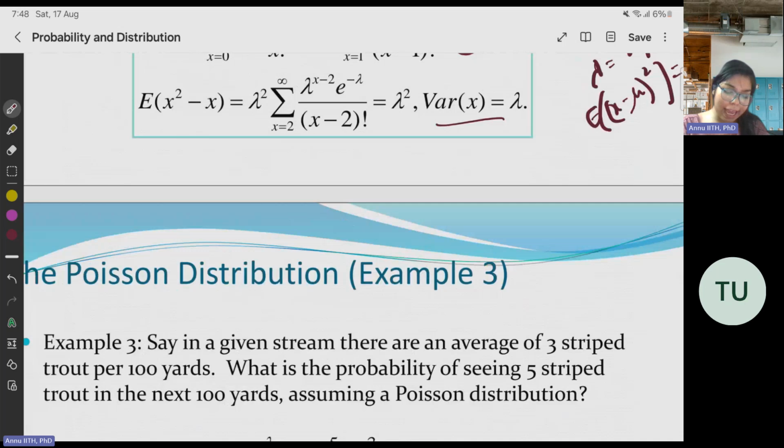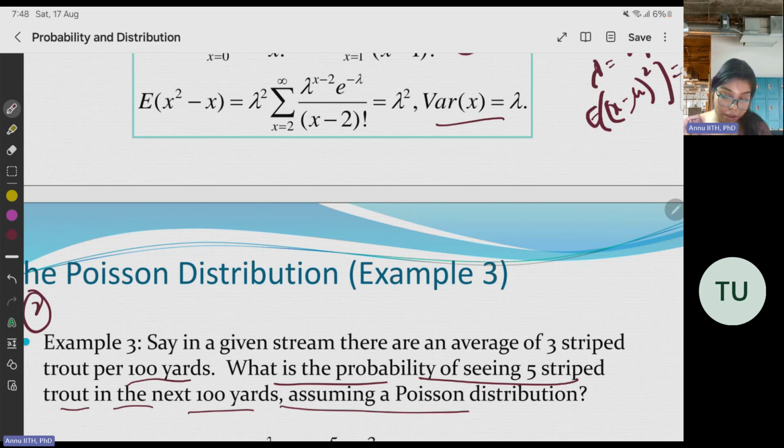Say in the given stream there are on average 3 strip trot per 100 yards. This is question number 2 that I'm covering. What is the probability of seeing 5 strip trot in the next 100 yards, assuming a Poisson distribution?